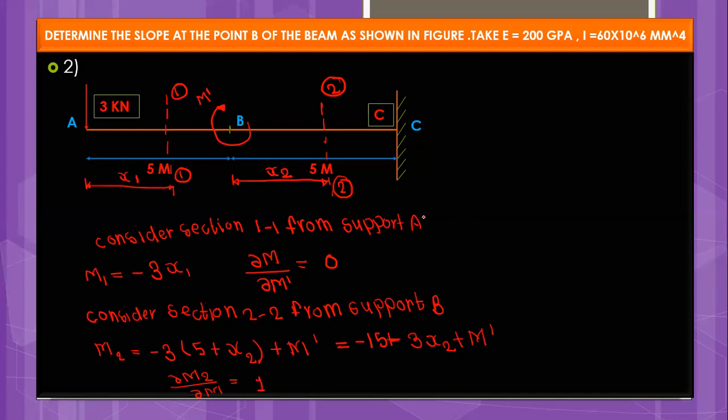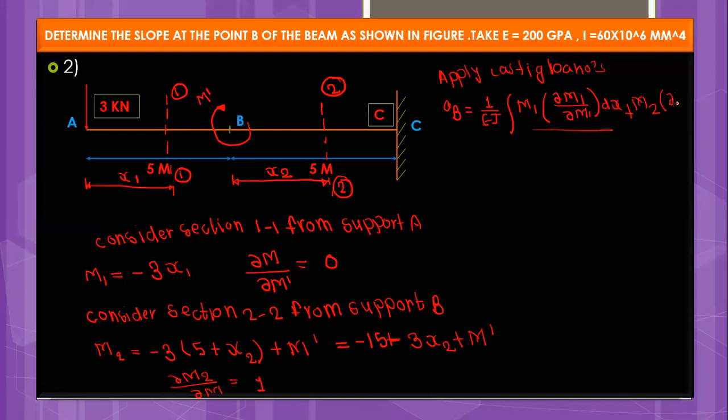Now let's apply Castigliano's theorem. We have to find the slope at point B, so theta B is 1 upon EI, taking it common, times the integral of M1 times partial derivative of M1 with respect to M prime, dx1, plus the integral of M2 times partial derivative of M2 with respect to M prime, dx2.